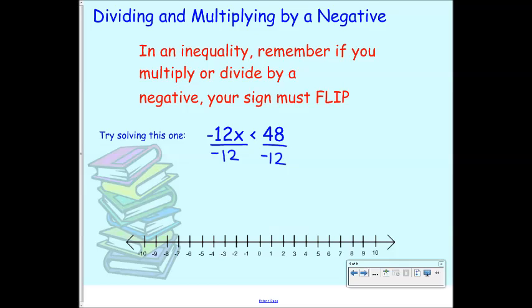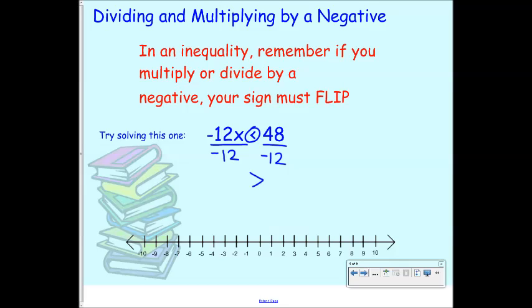immediately my sign goes from facing the right to opening to the left. All right, so when you divide by a negative, that's the opposite of a positive, so that's how I kind of remember it. If you're dividing by a negative, that's kind of opposite, so I want to make it the opposite sign. So it was less than, and now it's greater than.